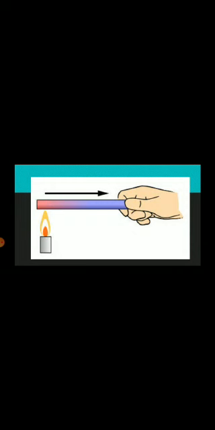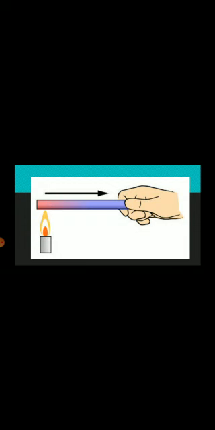What happens, students, whenever one end of the rod is heated, at that end the molecules start vibrating at their position. And when they start vibrating much faster, they collide with the molecules beside them. So those molecules again start vibrating.